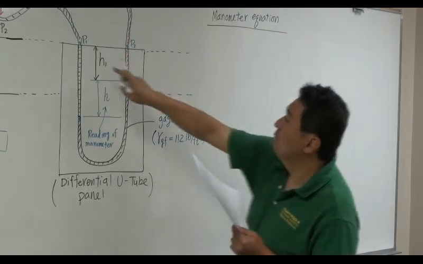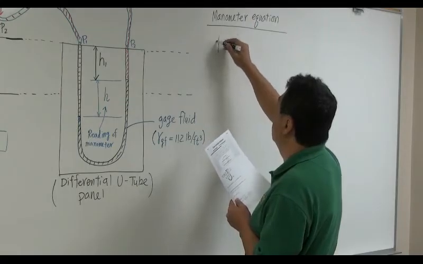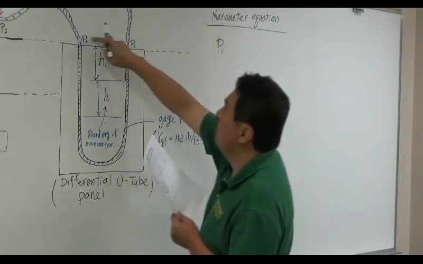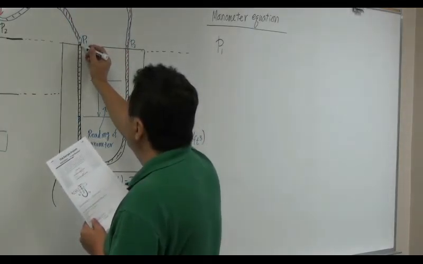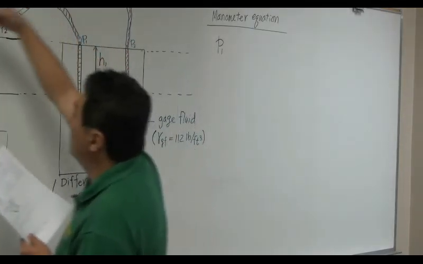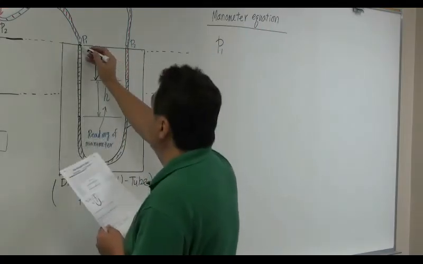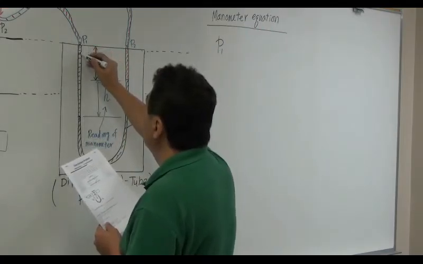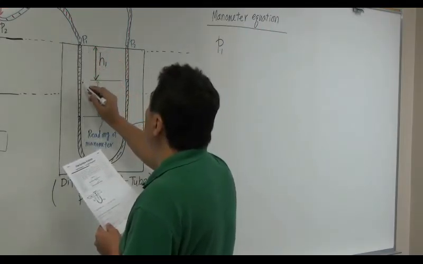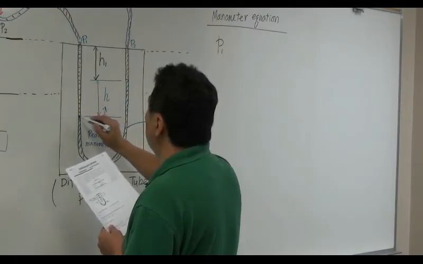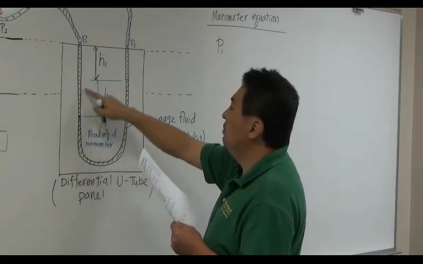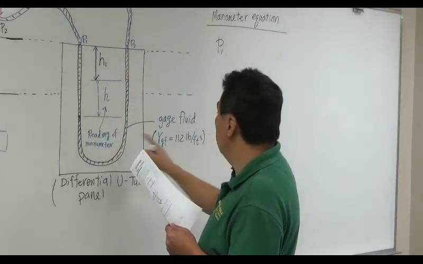So I'm going to start from P1. Pressure here is P1, yes, sure. So let's start from here, pressure P1, which is transferred from the pressure tap here. You're going to go down, down, down, and down to here, right here. This is the boundary between water and gauge fluid.